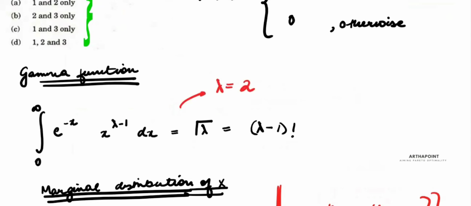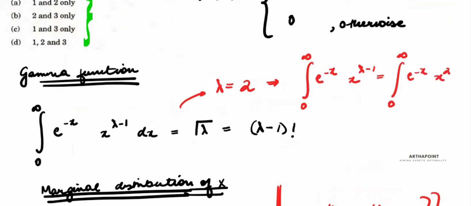What will I get? I will get the integration from 0 to infinity of e to the power minus x, x to the power lambda minus 1, which is e to the power minus x, x to the power 2 minus 1, which is e to the power minus x, x to the power 1, from 0 to infinity.